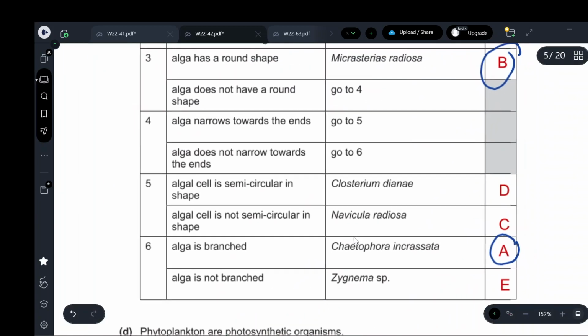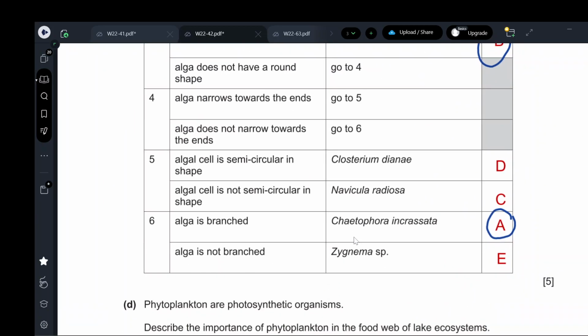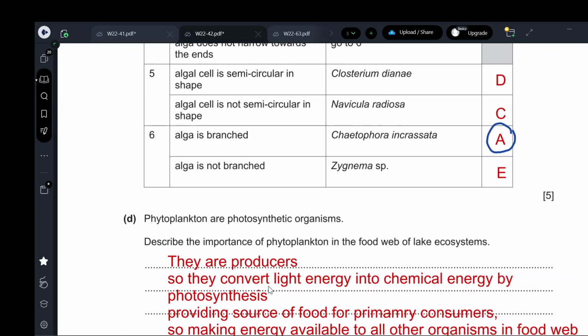Phytoplankton are photosynthetic organisms. Describe the importance of phytoplankton in the food web. Phytoplankton can carry out photosynthesis, so they are similar to plants. What is their importance in the food web? Since they carry out photosynthesis, they are considered producers.